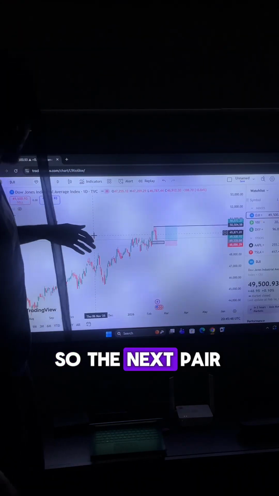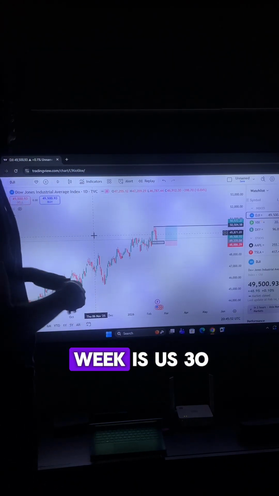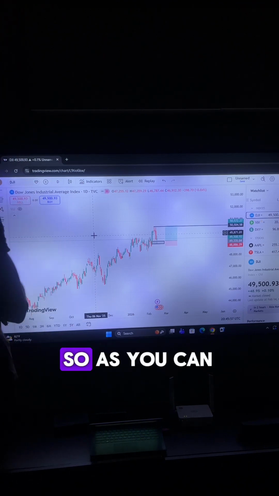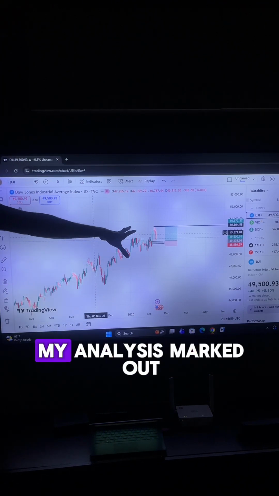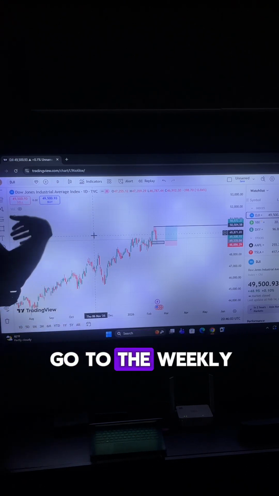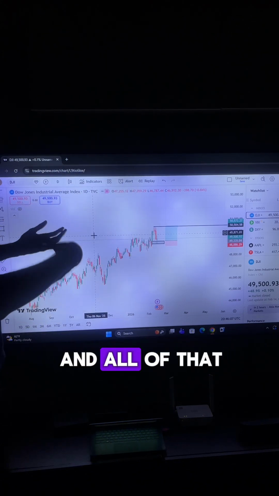The next pair I am looking out for this week is US30, Dow Jones. As you can see, I already have my analysis mapped out because it's a straightforward analysis. I don't need to go to the weekly, daily, and monthly and all of that.